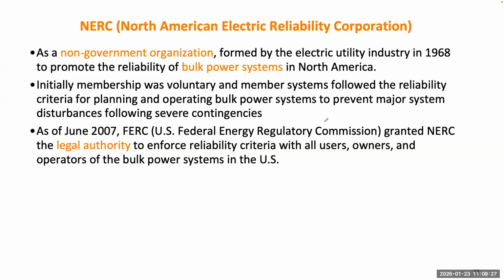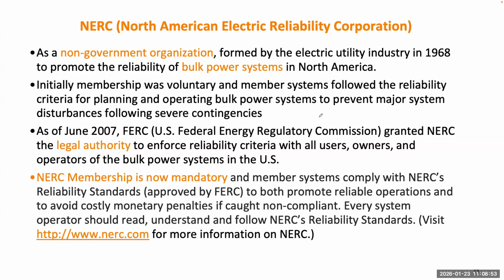2007, FERC, the Federal Energy Regulatory Commission, granted NERC the legal authority to enforce reliability criteria. As long as you are a utility company or ISO participating in the market or electricity operation, you need to follow the standards made by NERC.